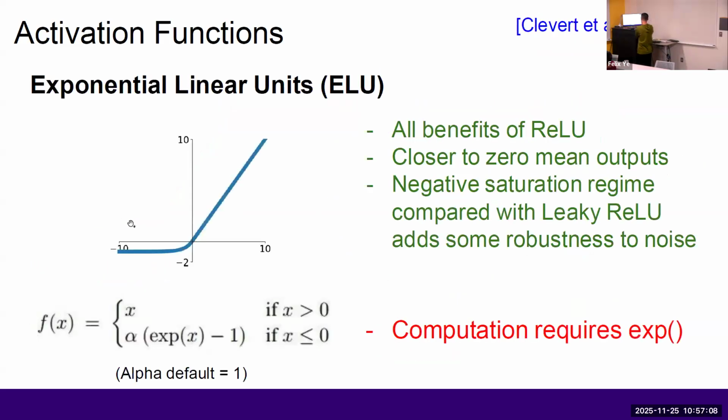But in this case, the range of the function is from -1 to positive infinity. So in this region, it will not go to minus infinity, and it ensures the output is at least lower bounded. Of course, we still need to calculate this exponential function.